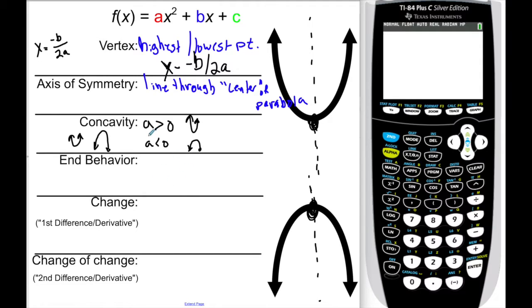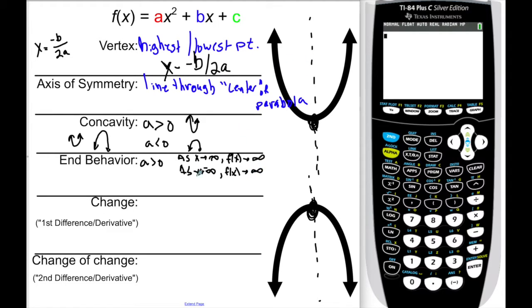End behavior has to do with concavity. If a is more than 0, how we write it is: as x goes to infinity, f of x goes to infinity. As x goes to negative infinity, f of x goes to infinity.